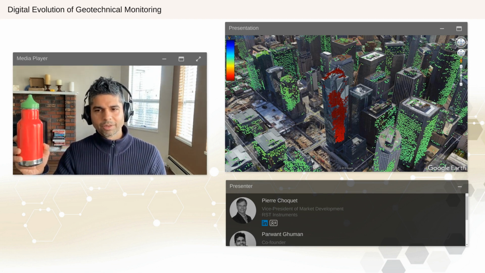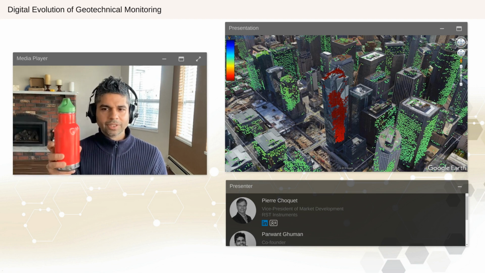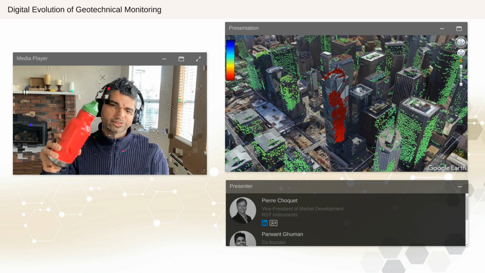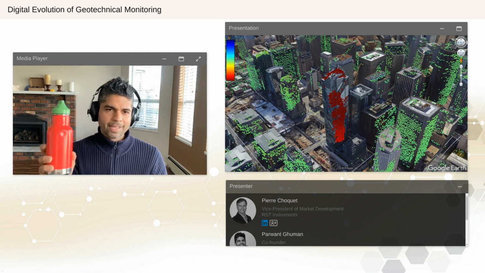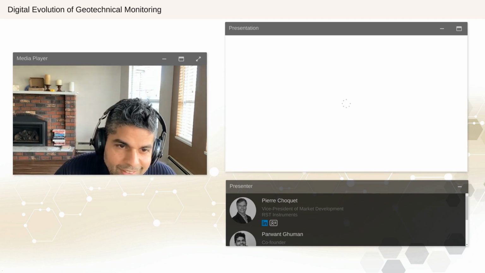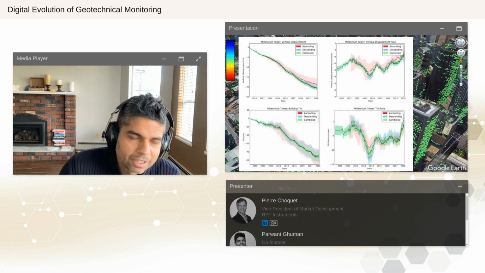So, this is the Millennium Tower. We took these 1,200 points and we modeled the settlement of the Millennium Tower and also its tilt along two directions. And the results of this analysis are shown here. So in the top left figure, you can see the settlement of the Millennium Tower over time.